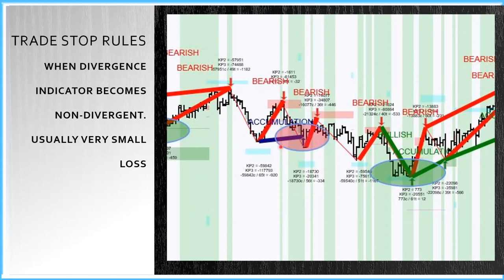When it's printing this dark blue line, it is signifying that something is now non-divergent. So if you see the blue line and it corresponds to a trade, I've called that a loss. And this is usually a very small loss because we've only entered right there at the earliest. And that's half a point.